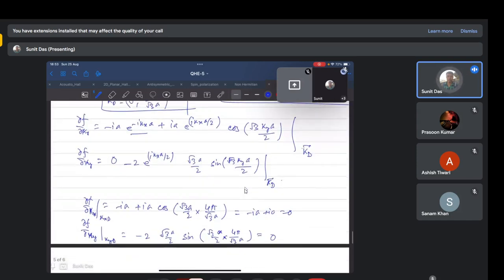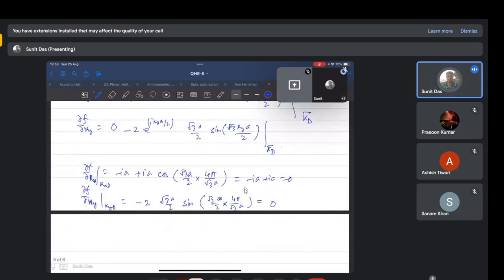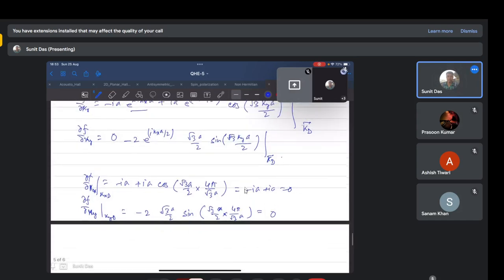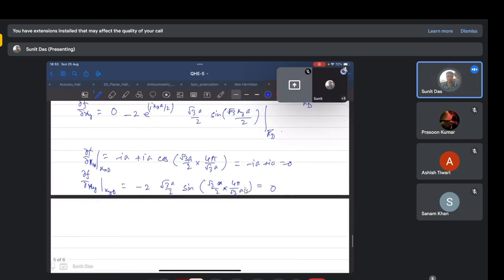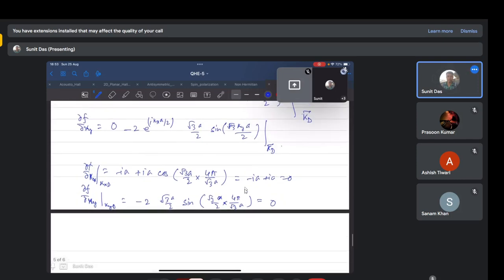Otherwise del f del kx should not have been 0 actually. It should have some value, so that root 3 should be there. Oh no, sorry, not here. It's okay.